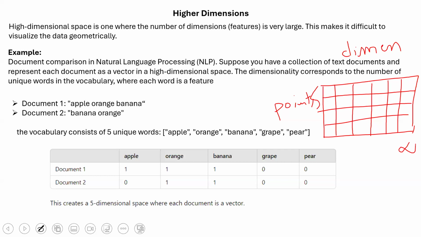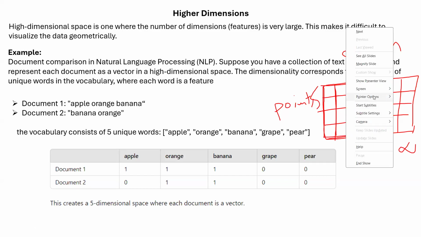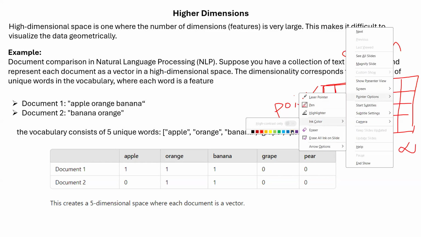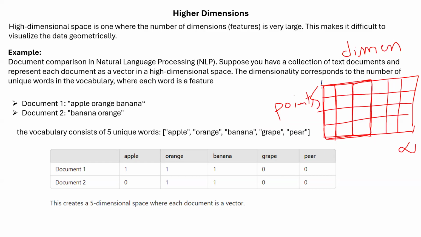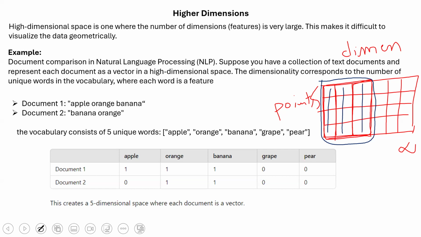We have seen up to 3 dimensions so far, right? We learned so much, and we analyzed everything. We were able to visualize the data up to 3 dimensions, and when we went to 4 dimensions, it became a little tough for us. It is really difficult to visualize data in 4 dimensions.